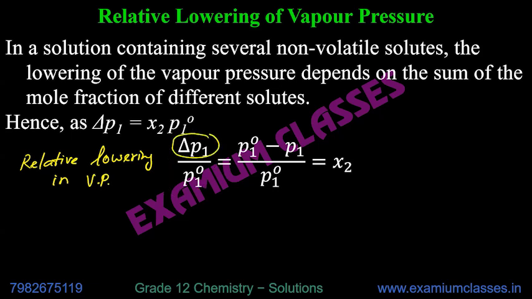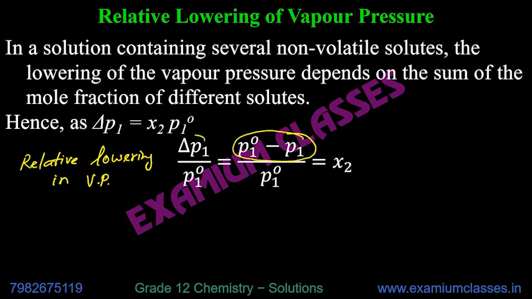Lowering is just delta P1. Relative lowering means with respect to initial pressure. Initial pressure was P1 naught. So delta P1 divided by P1 naught, we know it is (P1 naught minus P1) divided by P1 naught, which equals X2.